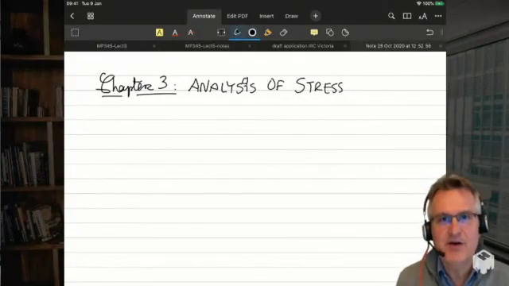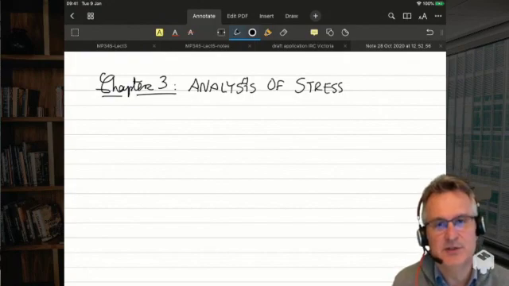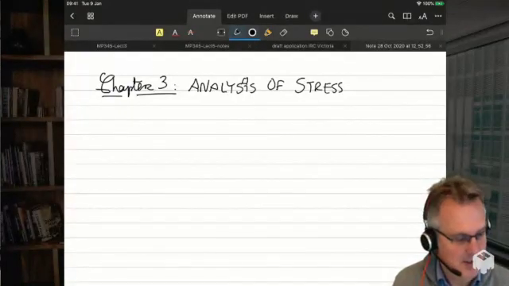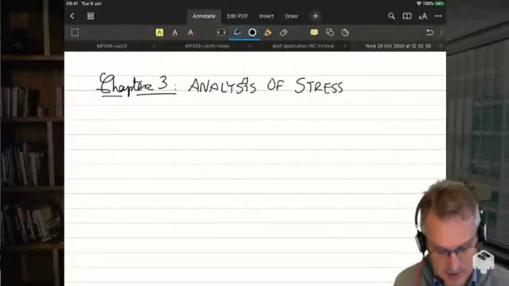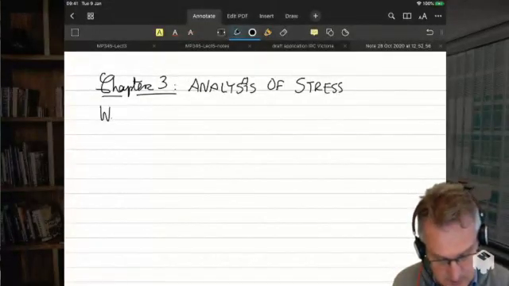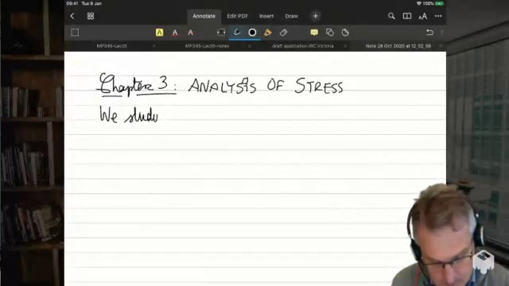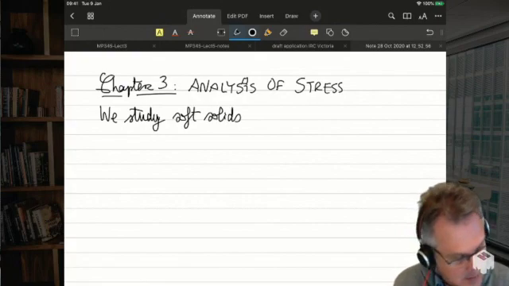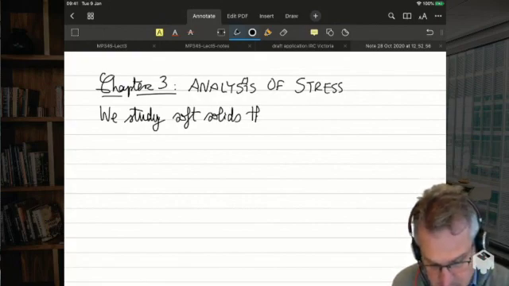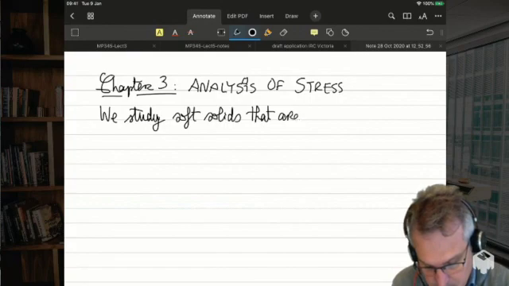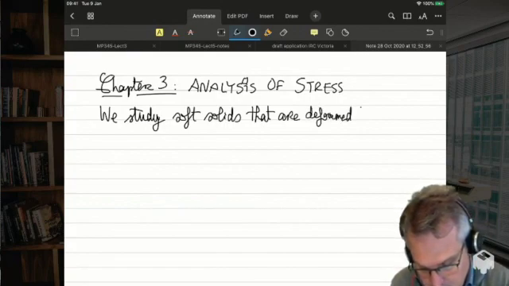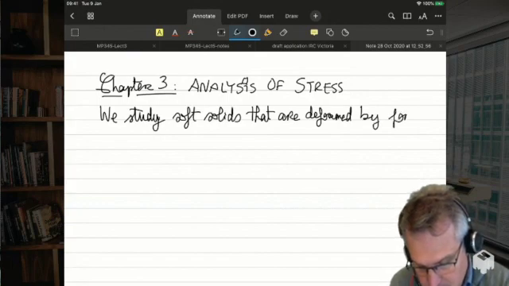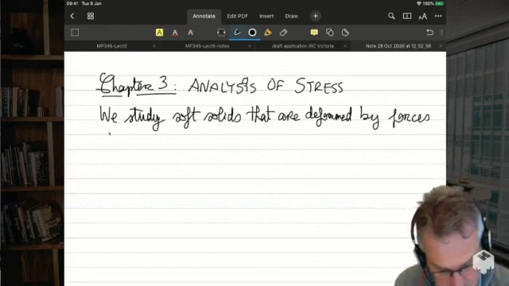Now we have to ask ourselves, how are we going to create those deformations in the body? And so in this course, we study soft solids that are deformed by forces and moments, or torques.